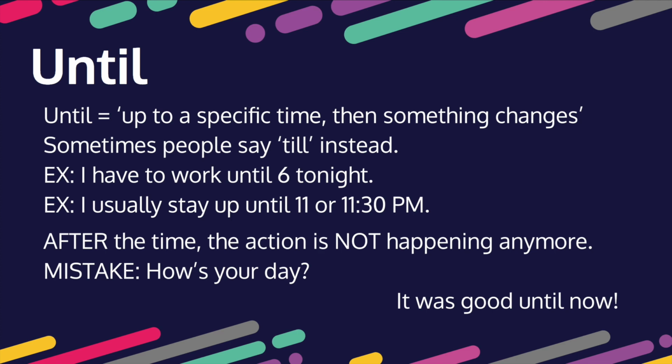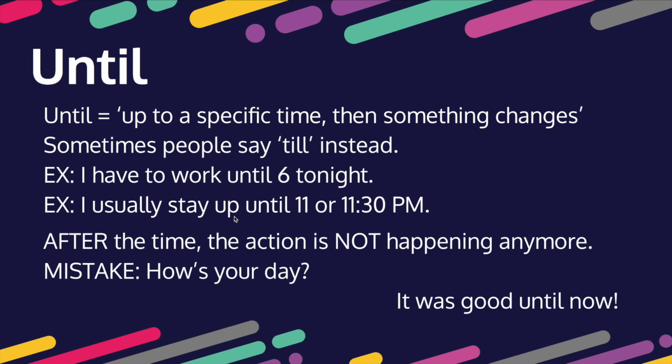I usually stay up until 11 or 11:30 p.m. At 8 o'clock, 9 o'clock, 10 o'clock, I am awake, I am staying up, but then at 11 or 11:30, something changes and I go to sleep. I am no longer staying up. I'm no longer awake.